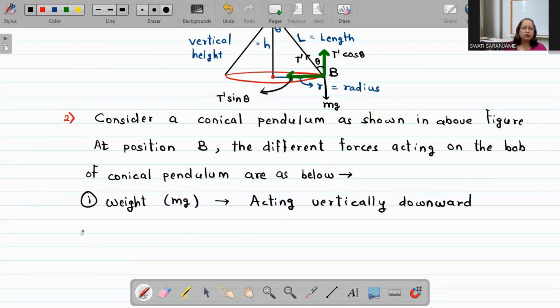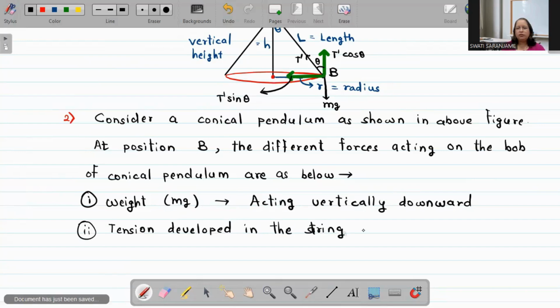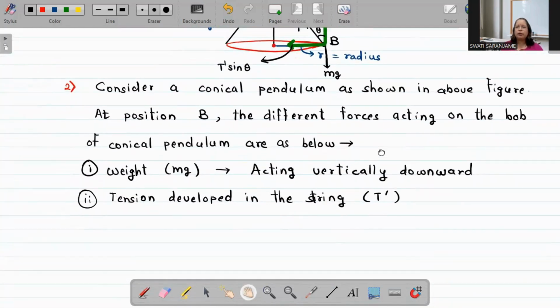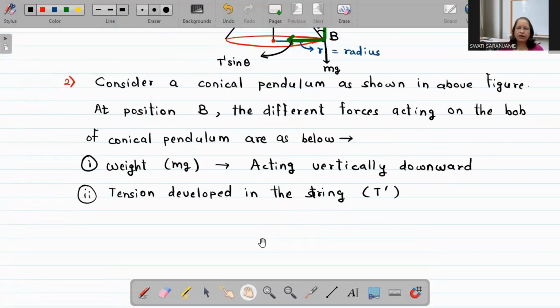And the second force acting on the bob is the tension developed in the string, which we represent by the symbol T dash, just to avoid confusion between the symbol of periodic time and tension.